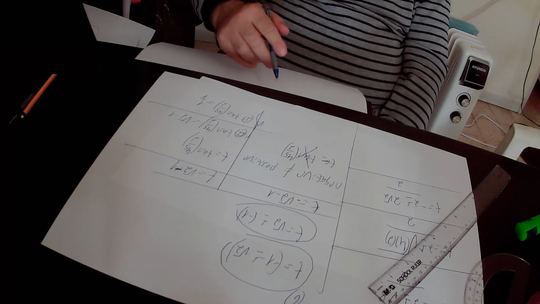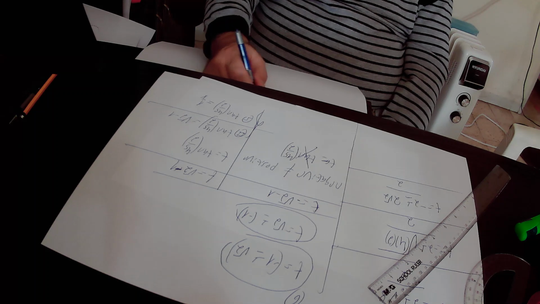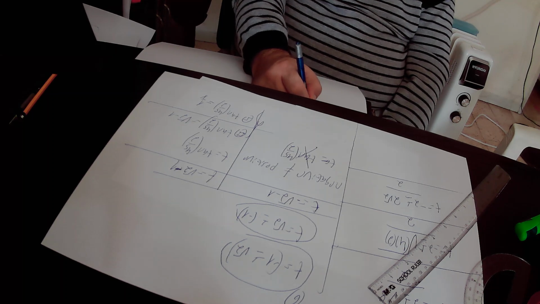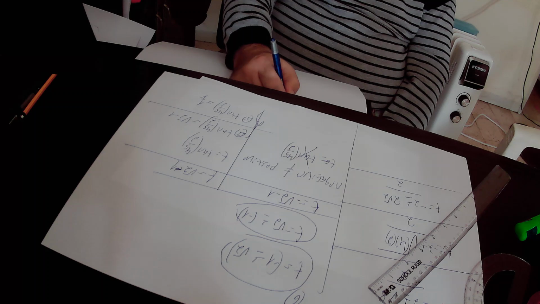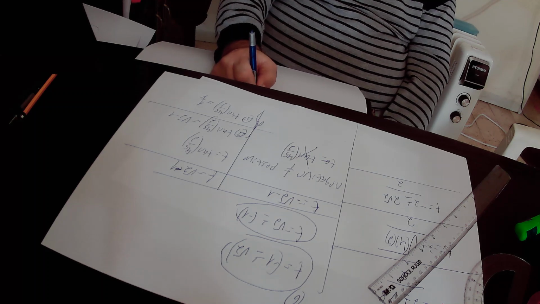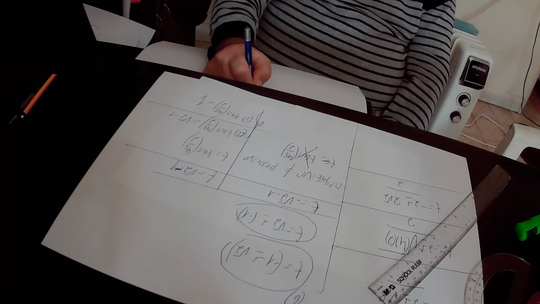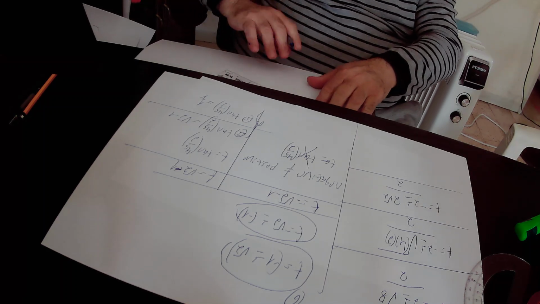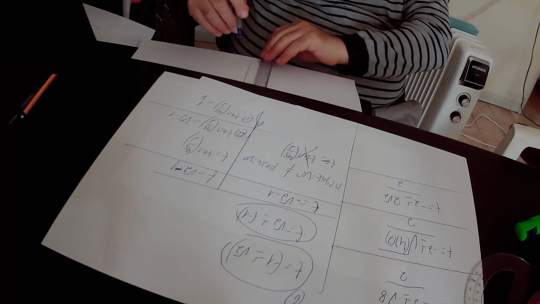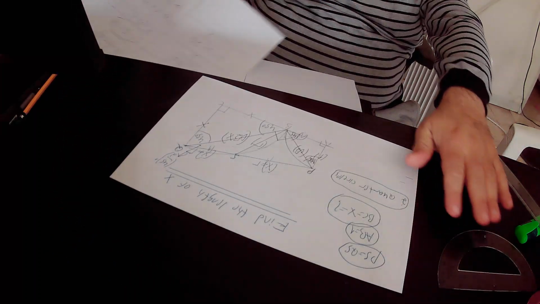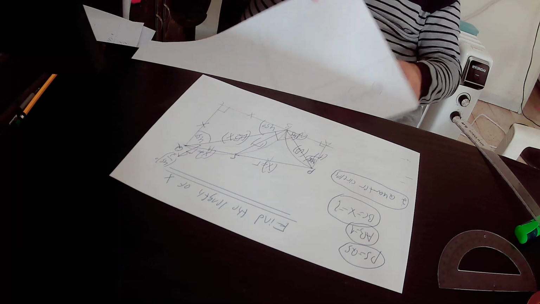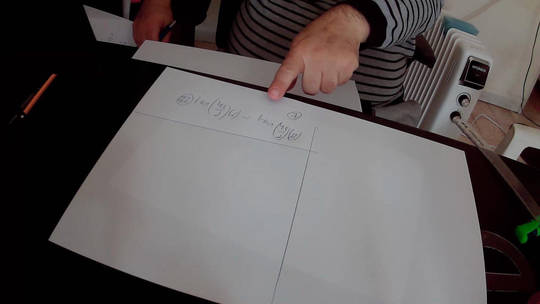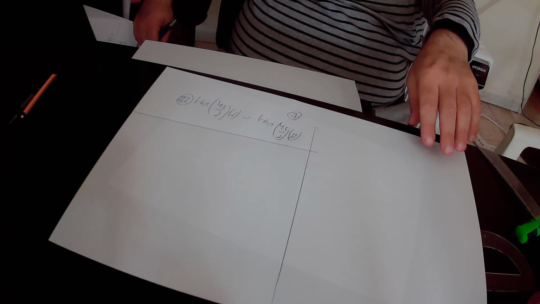Therefore, we'll create equation number 3 that states that tangent of 45 over 2 degrees according to equation number 1 must be equal to tangent of 45 over 2 degrees according to equation number 2.